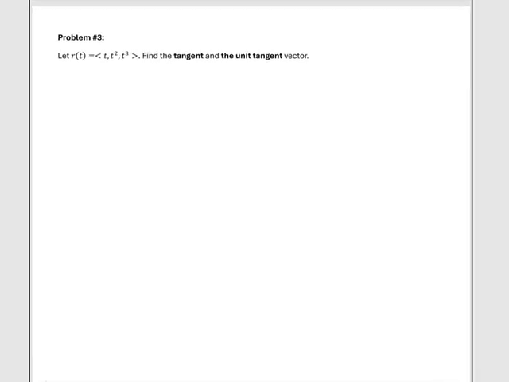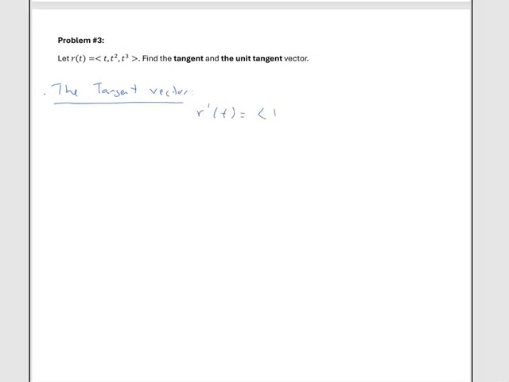So let me rewrite it, and let me just say that the tangent vector in this case is going to be r prime of t, and we're going to get a 1, a 2t, and a 3t to the second. That's actually it for that one.